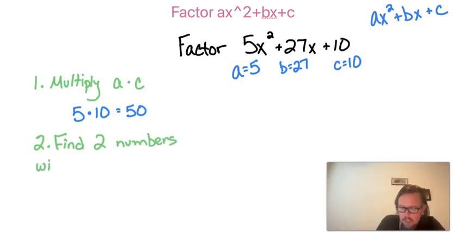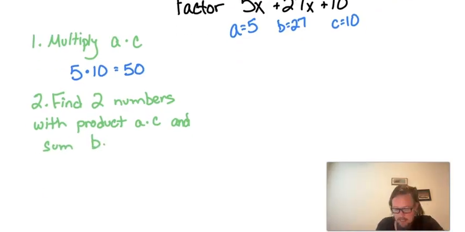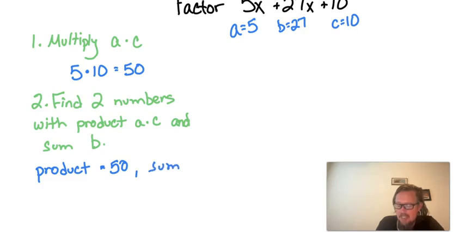So step 2 is going to be to find two numbers with a product a times c and sum of b. So in this problem, what that means is the product equals 50 and the sum, b is 27, so the sum is 27.